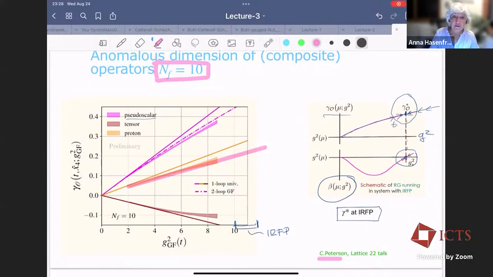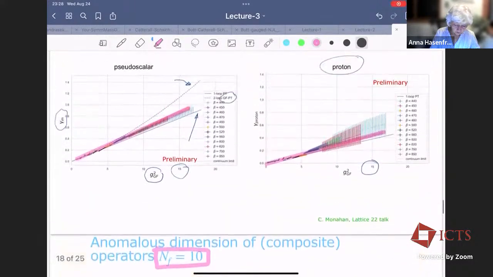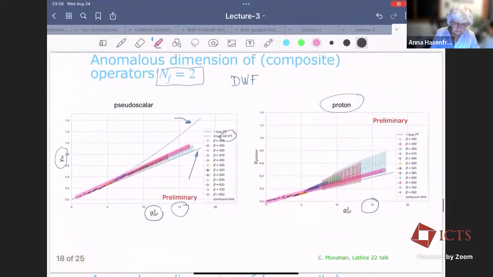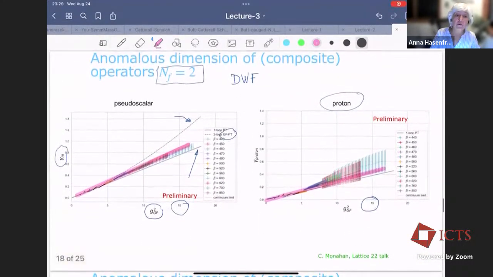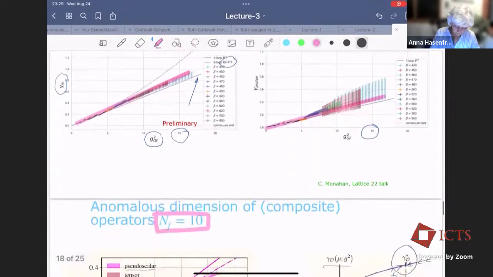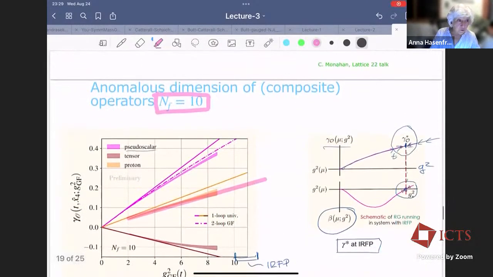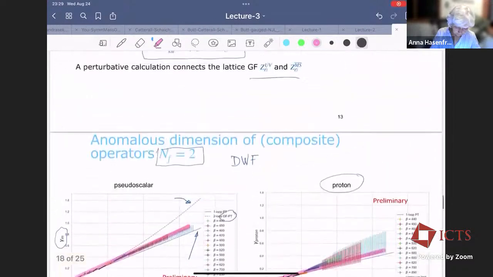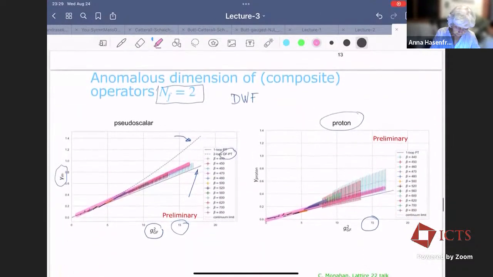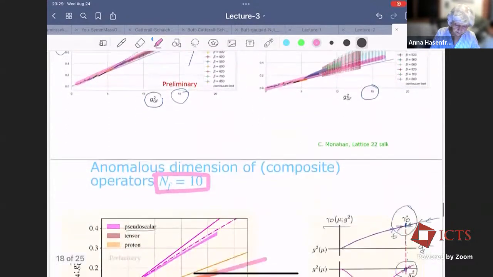We have discussed a lot of things, and I think what we learned from using this gradient flow continuous renormalization group transformation might in the future give us quite important information both for composite and QCD-like systems.